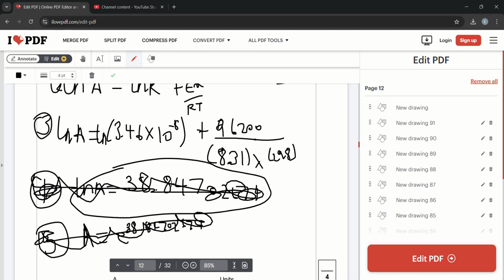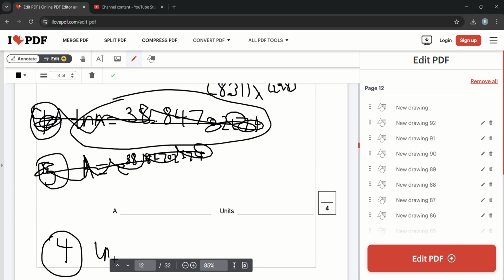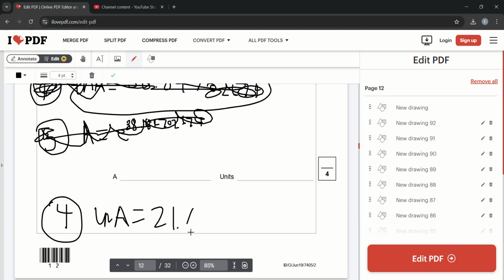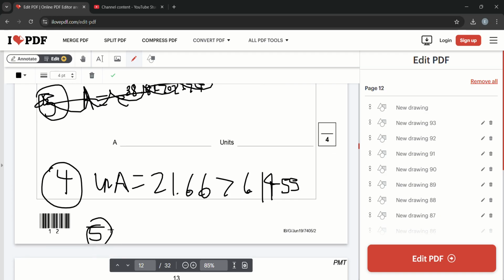We get ln A equals 21.66761455. Therefore, raising e to the power of this, A equals e to the power of my answer, and I get a ridiculously large number.